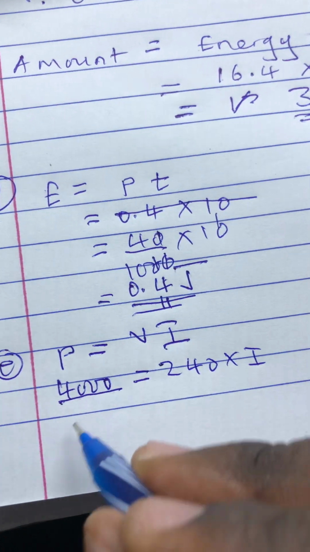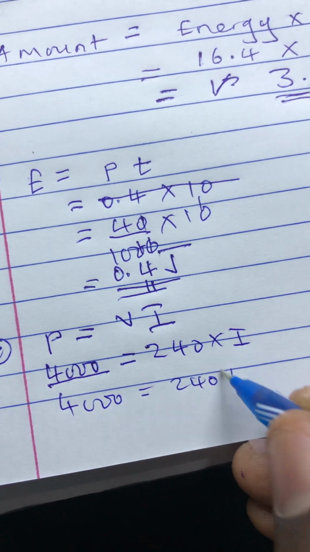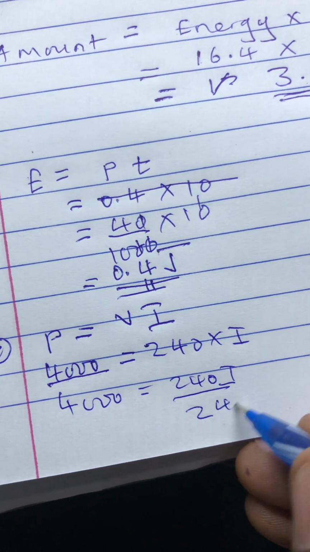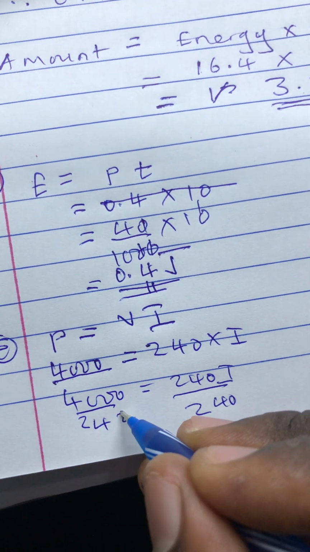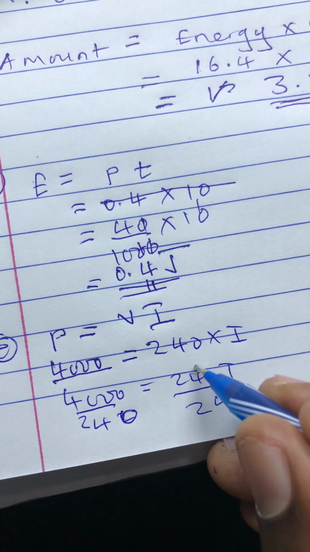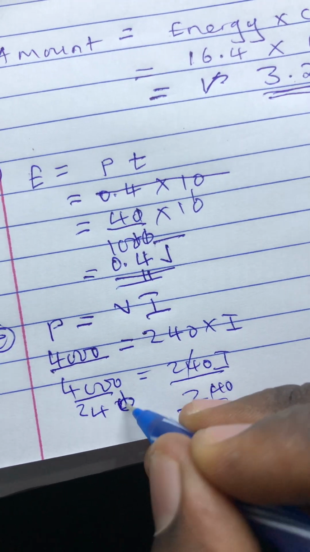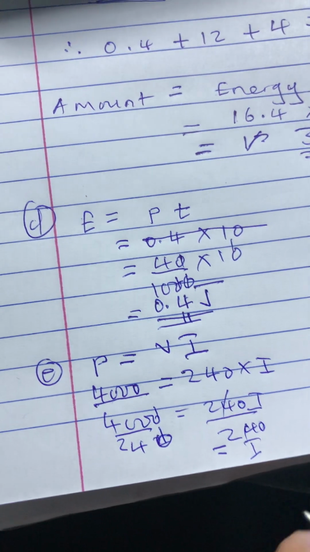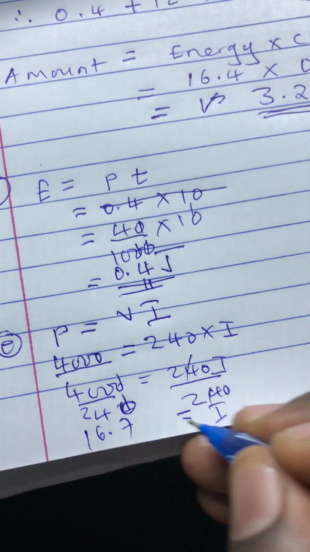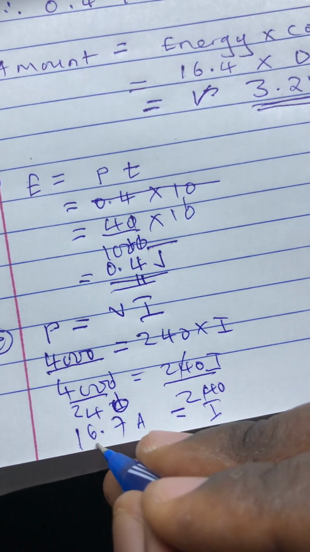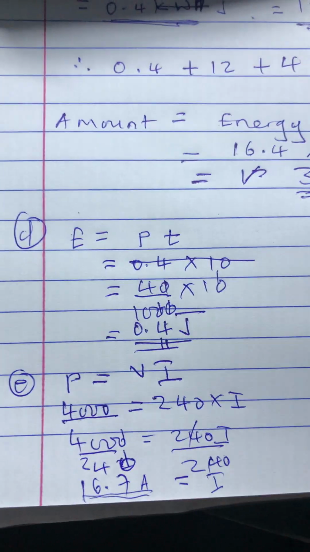After doing that, we're going to have 4000 equals 240 I. So let's divide by 240. Current is going to be 16.7 amps. That's the current, but this one is not a suitable fuse.